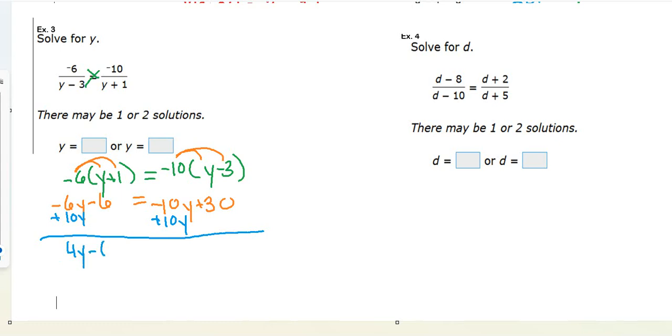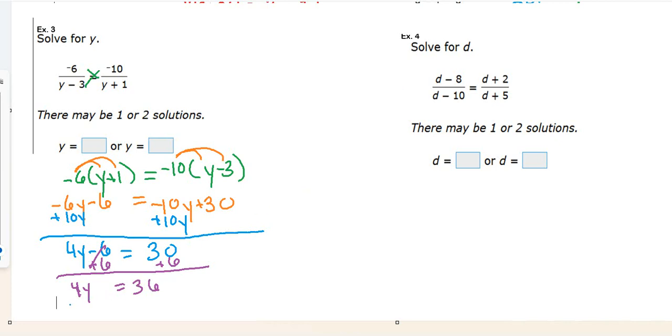I'll bring down this -6, and I'll bring down this 30. We want to get this 6 over here with that 30. We want to have all our variables on one side. Here it's a -6, so I'll add it to help me move it. So that leaves us with 4y. This cancels out, equals 36.